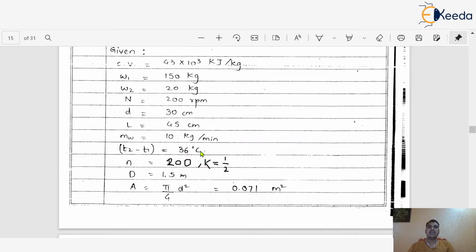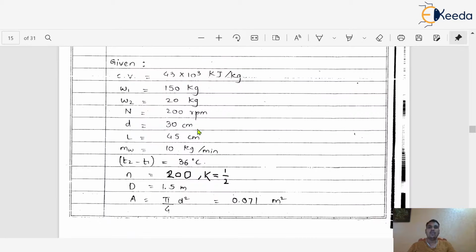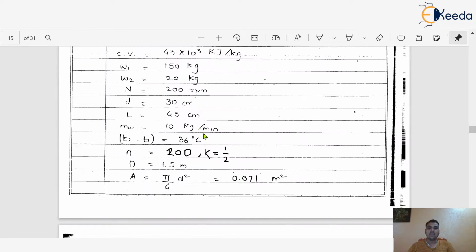Similarly, in this case, as we have already discussed, the value of N is 200 rpm and the value of K. We know the value of K for a 4-stroke engine is 1/2, and for a 2-stroke engine the value of K is equal to 1. This is according to the revolution of the crankshaft.